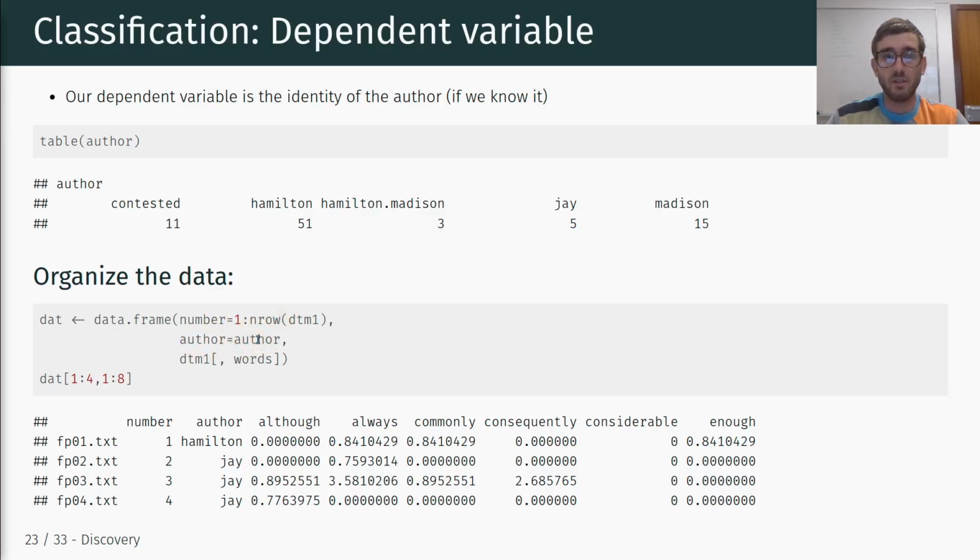Second variable is the author information that we previously saved in a vector. And then we have our document term matrix, only focusing on the specific terms that capture this habitual language use, and we're going to focus on that to identify authorship. Okay.